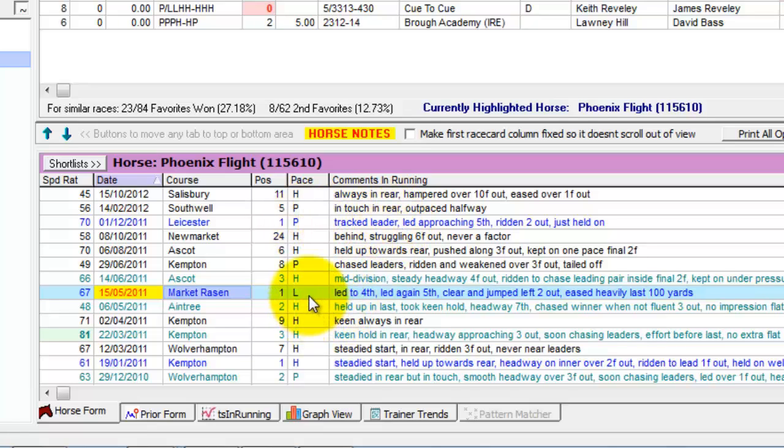And if we look at the L for led, it led to the 4th and led again the 5th. So this is how the pace abbreviations are calculated. We look at the comments in running and automatically allocate a pace abbreviation depending on where the horse was in the race. Once we have the pace abbreviations, we can calculate all sorts of other pace fields.